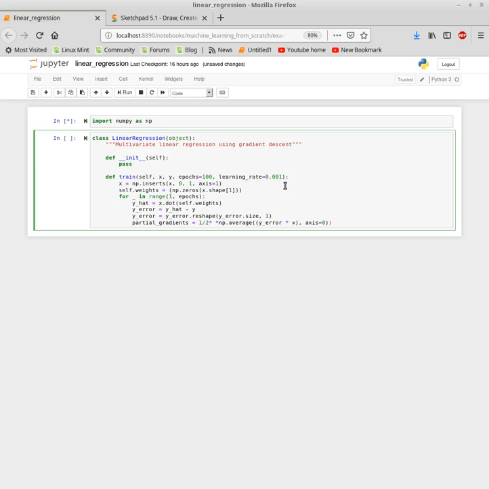So this is just the derivative term that we saw before, where we have the loss, we take the 2 down. This is just sigma right here, sigma times 1 over n. That's just the sum divided by n, which is the average.